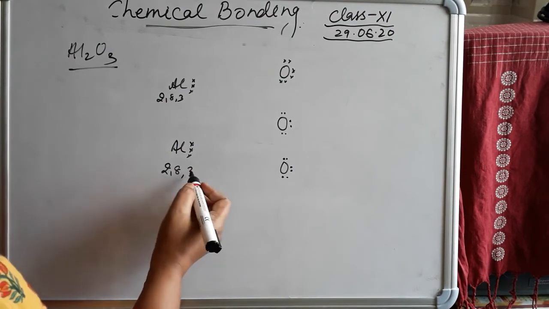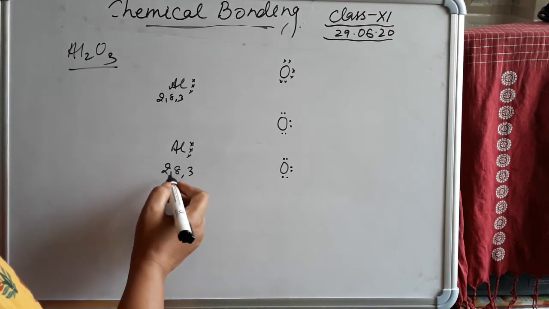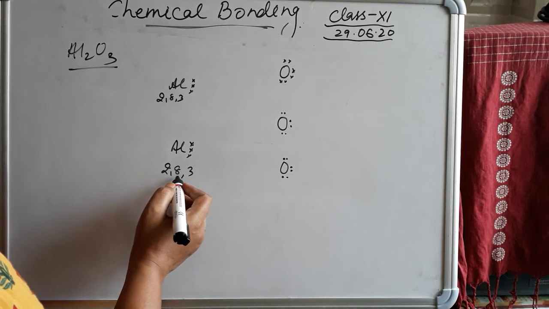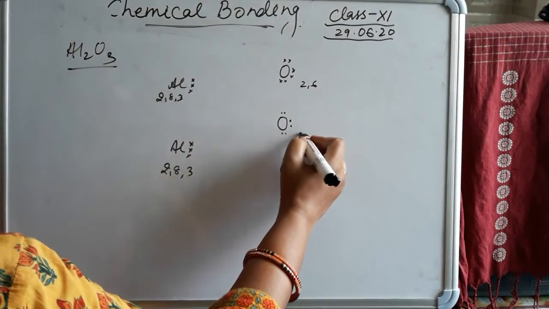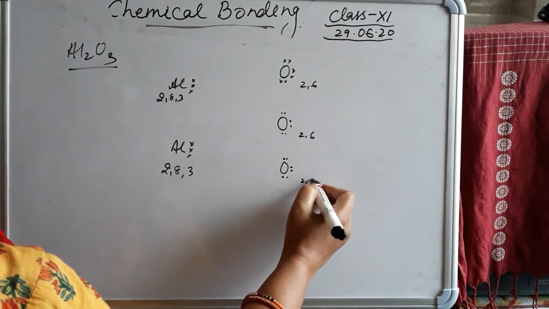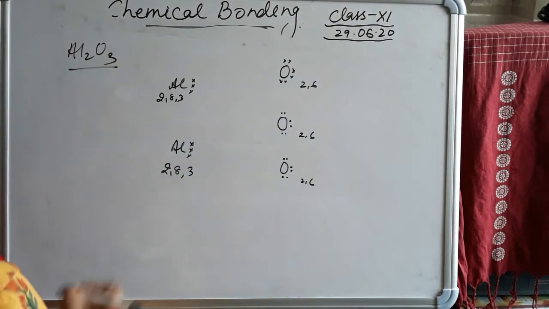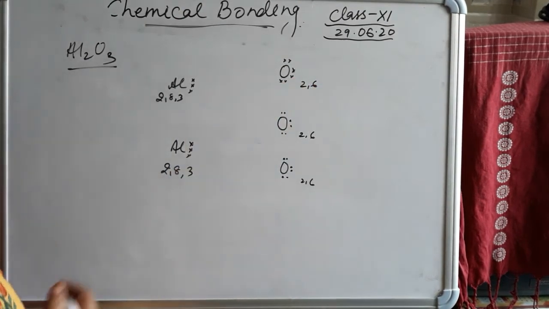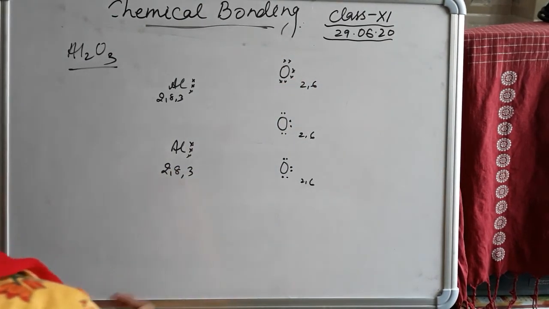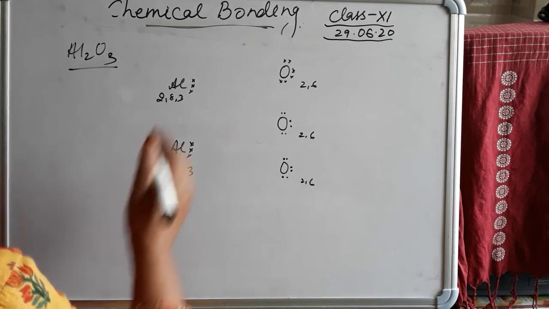So aluminum tries to lose its 3 electrons to achieve the noble gas configuration, and the oxygen configuration is 2,6. When oxygen takes 2 electrons from any species, it again forms a stable noble gas configuration.